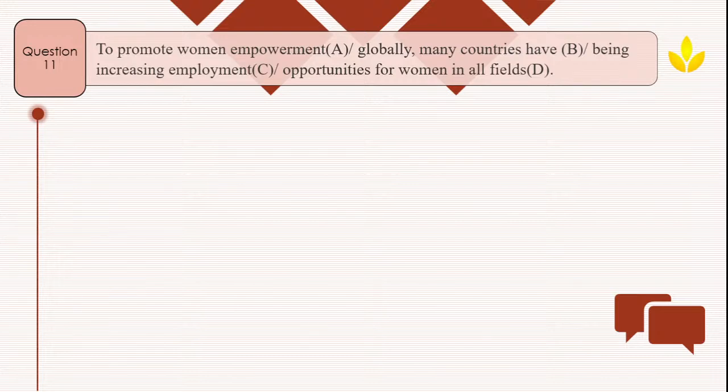To promote women empowerment globally, many countries have been increasing employment opportunities for women in all fields. When you say it out loud, you can easily find the error here itself.